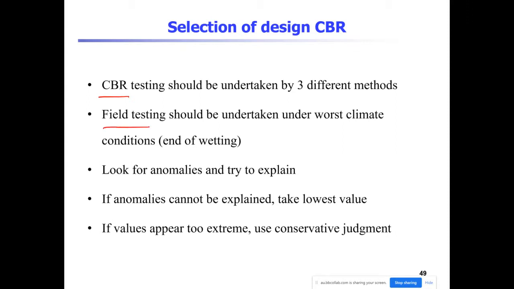There are also some hints that we need to consider. When you obtain the results and CBR values, look for anomalies and try to explain them. Always there are some errors in the testing results, in the experimental data that you have.